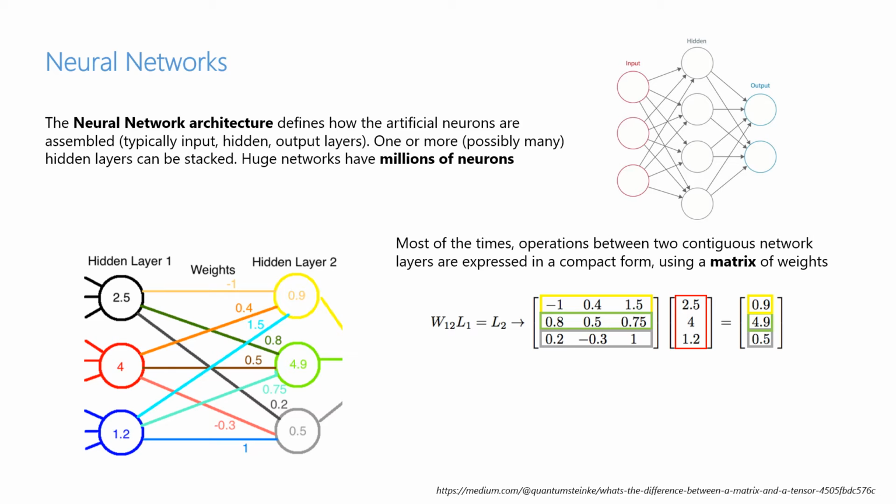The most typical and common way to arrange neurons in a neural network is to have several layers, as we see in the example on the upper right. So here we have a network with 3 layers. On the first layer we have some input values, and then we have 2 proper network layers.